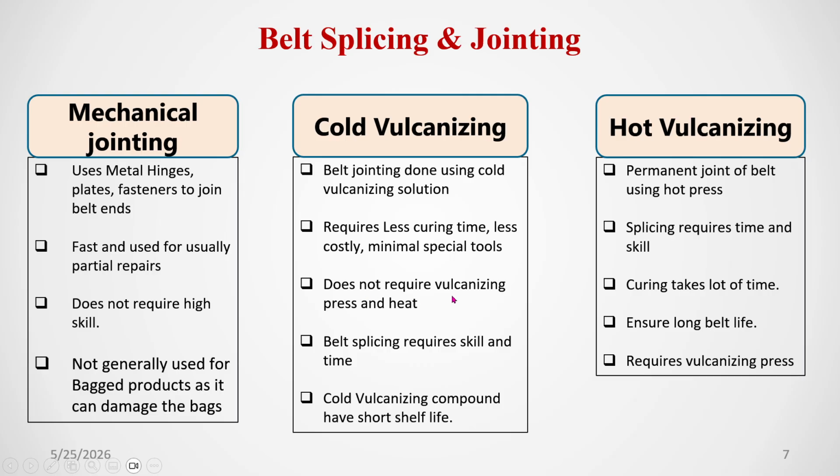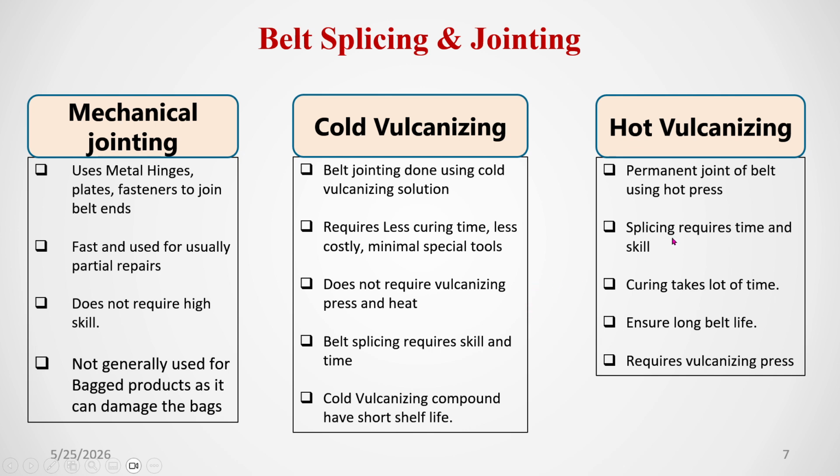It does not require a vulcanizing press and heat, unlike hot vulcanizing. Belt splicing is of course required. You have to cut the belt as per the carcass, which needs skill and time. And cold vulcanizing compounds have a very short shelf life.